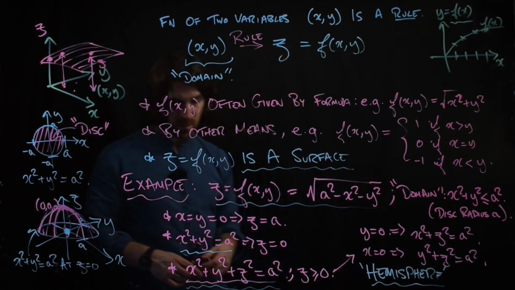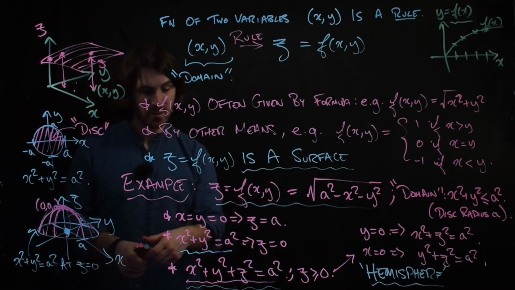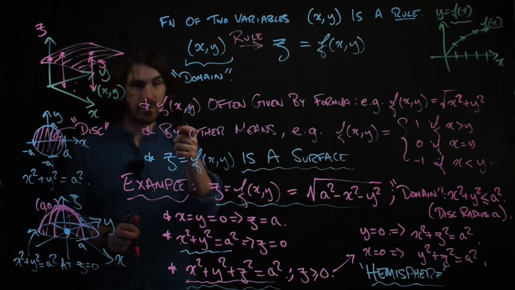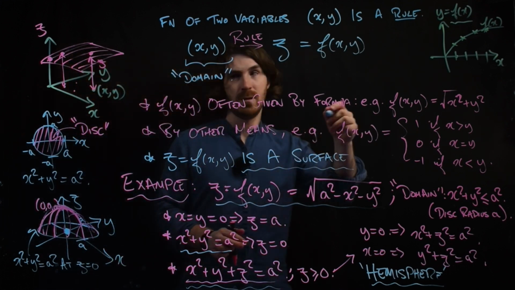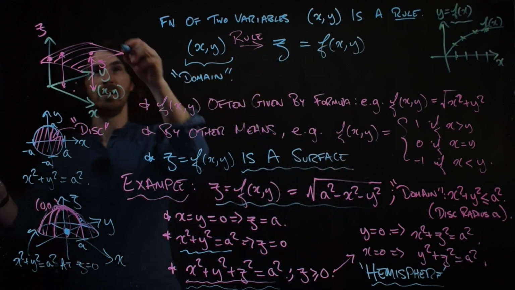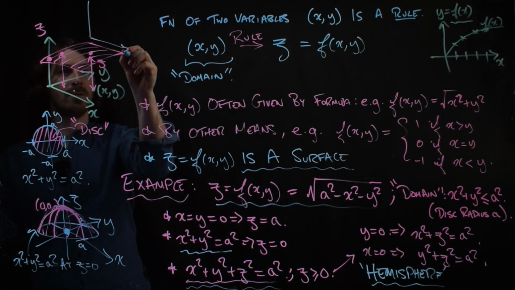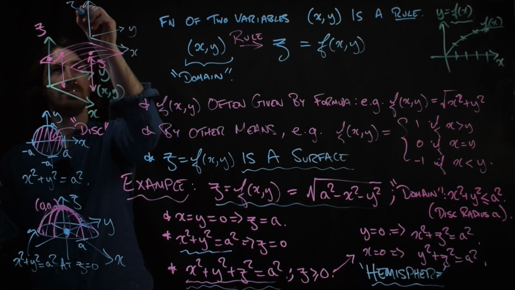Okay, and you can see this here, x squared plus y squared plus z squared is nothing other than the length of a line in 3D. Okay, so if I have a coordinate system, let me draw here, x, y, and z.